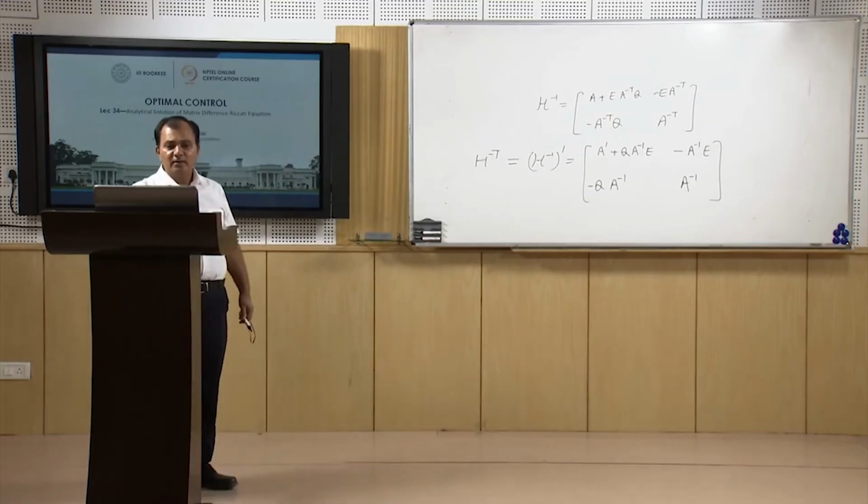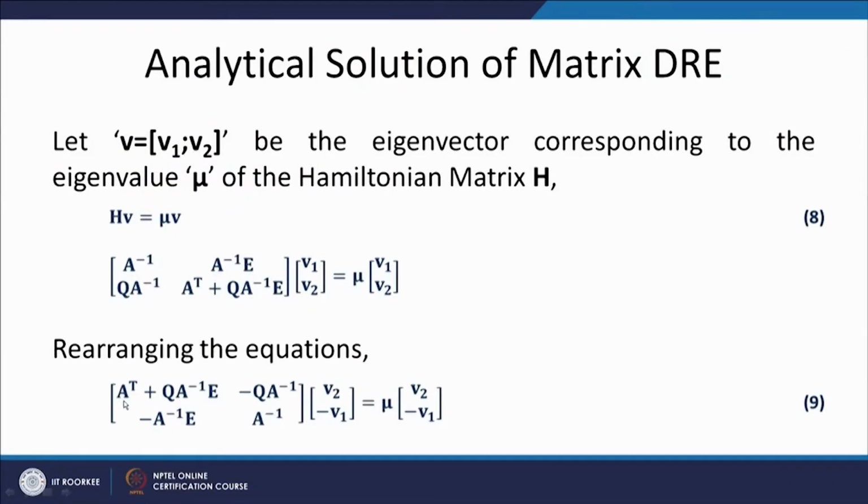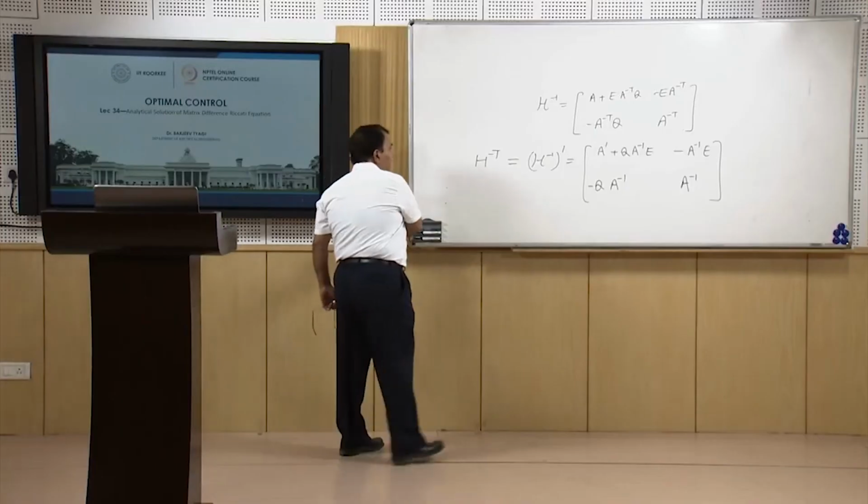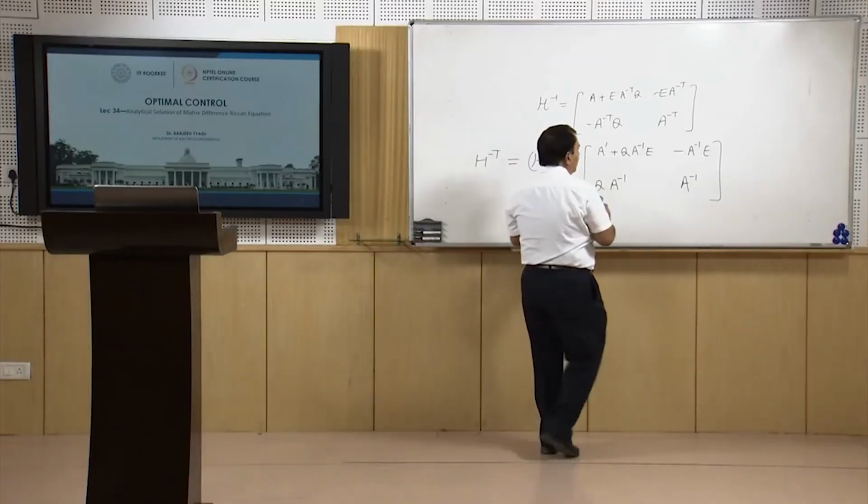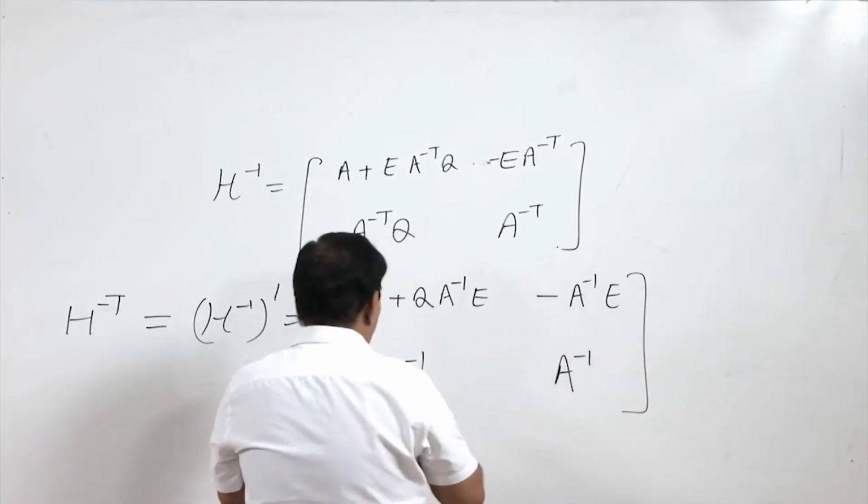By rearranging V1, V2 and V1, I am getting A transpose plus Q A inverse E, minus Q A inverse. Sorry, I made a mistake, because we are transposing this, so these two terms will interchange.